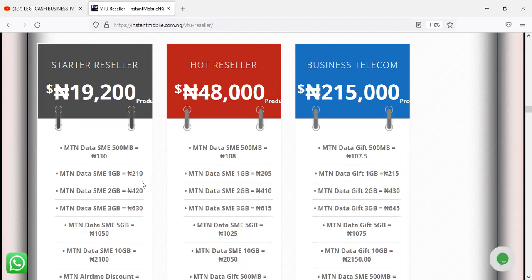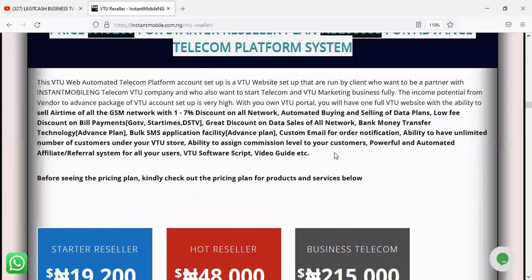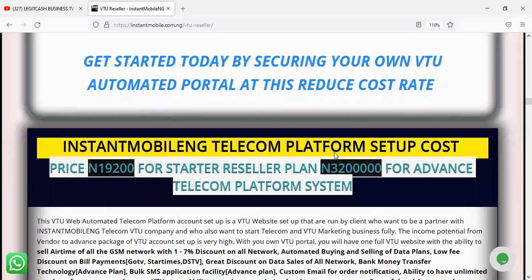So I believe you know the power of calculation. If you go to hot reseller, which is 48,500, and you are selling at 250, you'll be making 45 naira as gain. Then multiply with the quantity being ordered on your website daily. You'll be surprised how much you'll be making per day. That's how the VTU business works.